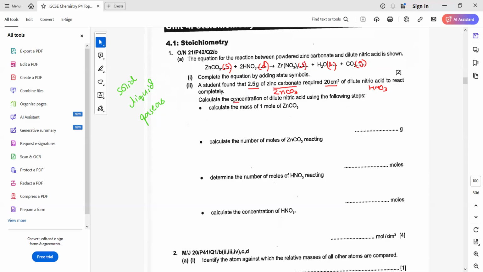Now the question is calculate the concentration of dilute nitric acid using the following steps. So calculate the concentration. Now think, what is concentration?